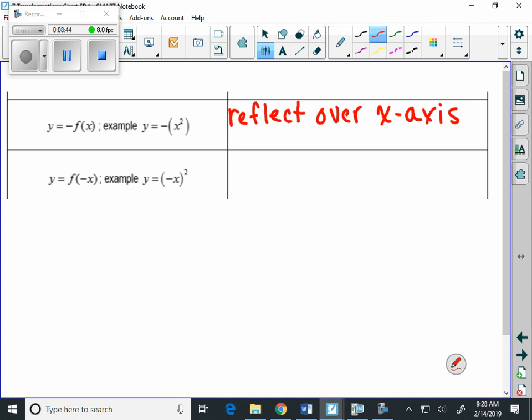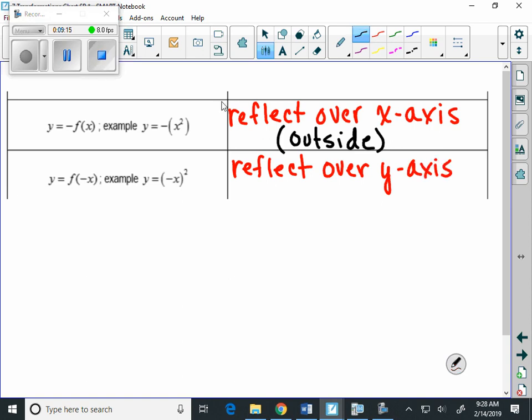And keeping with the same theme as yesterday, the negative is outside the function. In contrast, when the negative is inside the function, f negative x, we're going to reflect over the y-axis.